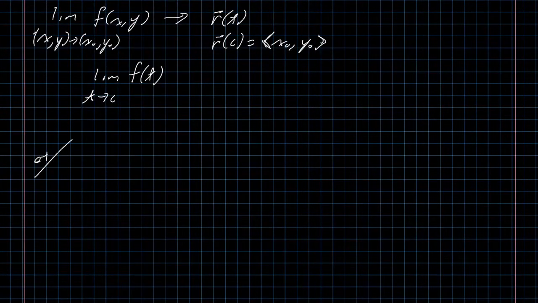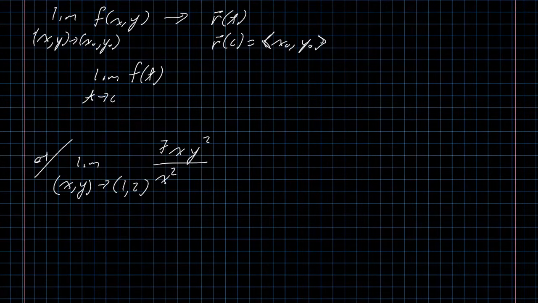So for example, if I want to take the limit as x, y approaches, say, 1, 2, for the function 7xy squared over x squared plus y squared.